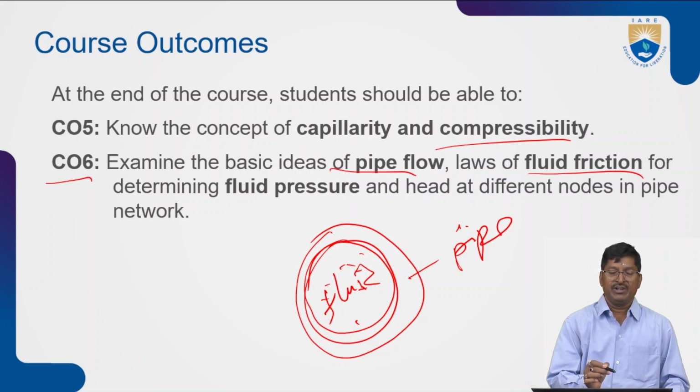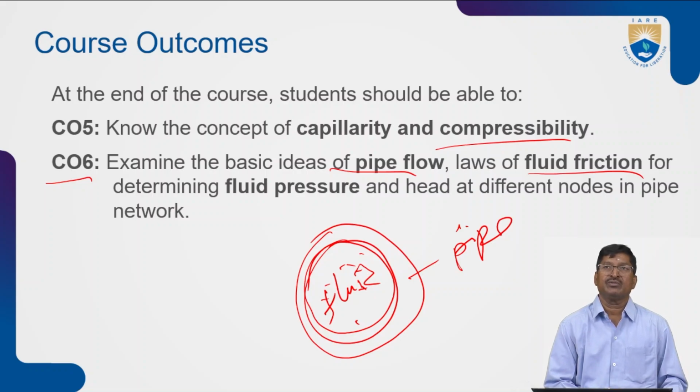Whenever the fluid moves, it will lose some energy because of frictional losses. The pressure will be lost, and all the energy will be lost. That is course outcome 6, related to pipe flow or fluid friction.